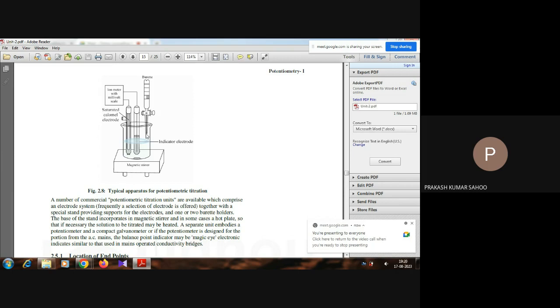If it is an acid-base titration, then it is acid solution, and we took here the alkali or base, and this is the ion meter with millivolt scale. This is just a voltmeter type which indicates the potential difference. So we will add drop by drop, and we will note down the potential difference.